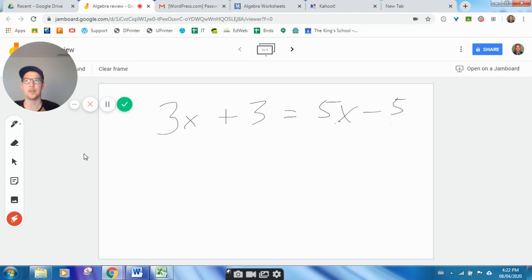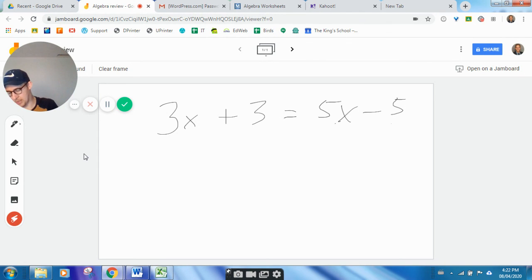Here's a good example of a situation where it would be very difficult just to figure out what x is in your head. Now, I'm sure some of you can do it, but again, you need to learn how to do the steps so that you can properly solve the problem.